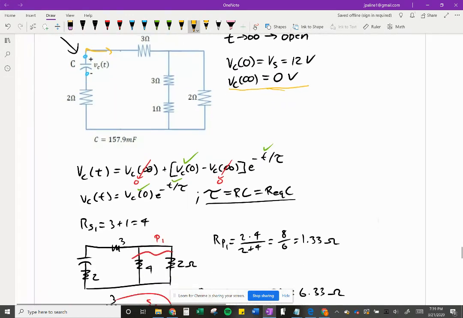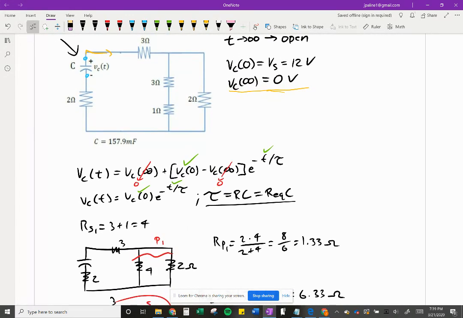So what we're going to do, like we did in the Thevenin and earlier in the problem, is find our equivalent with respect to the capacitor. I see that initially these are in series, so 3 plus 1 makes 4. Then 4 and 2 are in parallel.